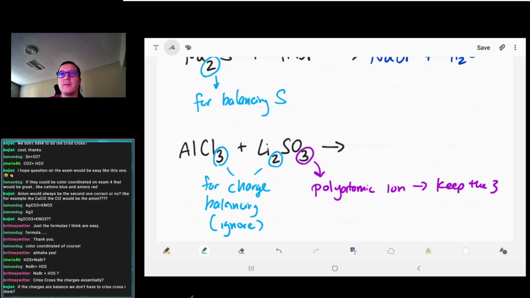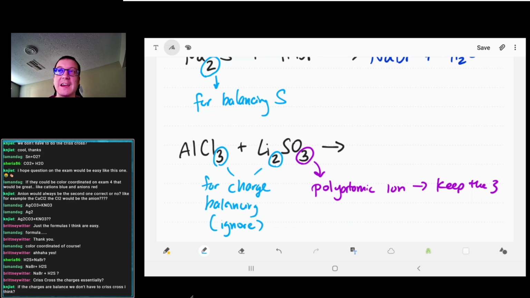And so we know that SO3 is a polyatomic ion, right? It's sulfite, SO3 2-. That 3 there is an important component of that polyatomic ion, so we cannot get rid of it. That 3 will carry over because that is part of our ion. The 2, though, that's for lithium, will not carry over.